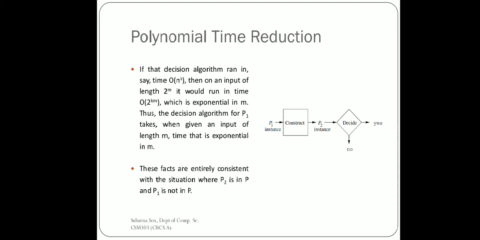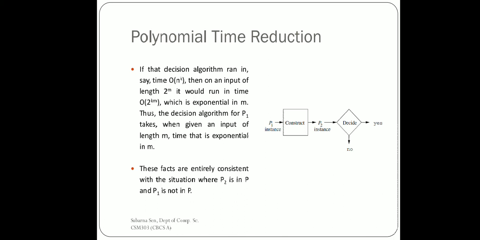Now these facts are entirely consistent with the situation where P2 is in P and P1 is not in P. So you can see here that beforehand P2 took order of n to the power k for decision making, but whenever we have fed an input from P1, it is going to take exponential time.